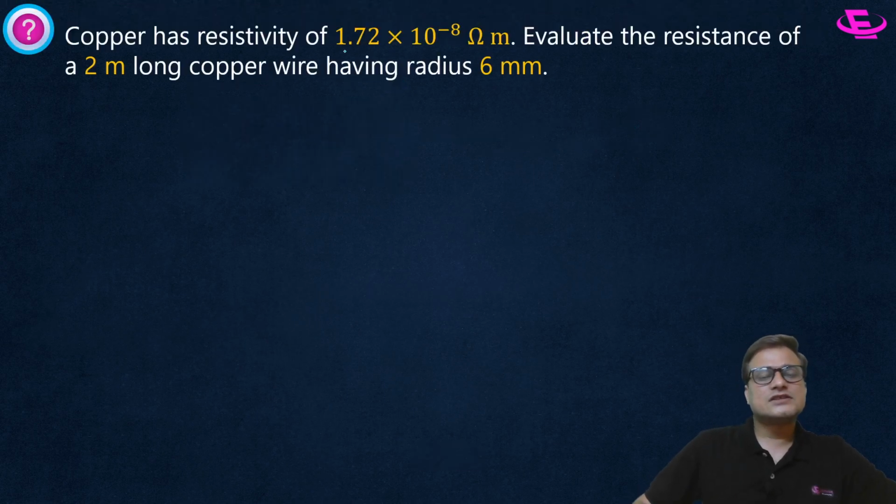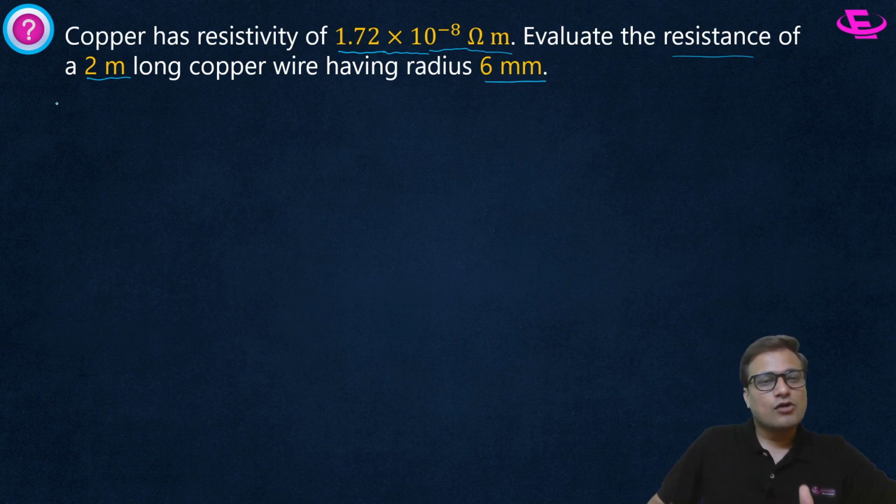So now let's take a question. It is given that copper has resistivity of 1.72 into 10 to the power minus 8 ohm meter. This is the resistivity of copper. Now you have to calculate the resistance of 2-meter long copper wire having radius 6 millimeter.